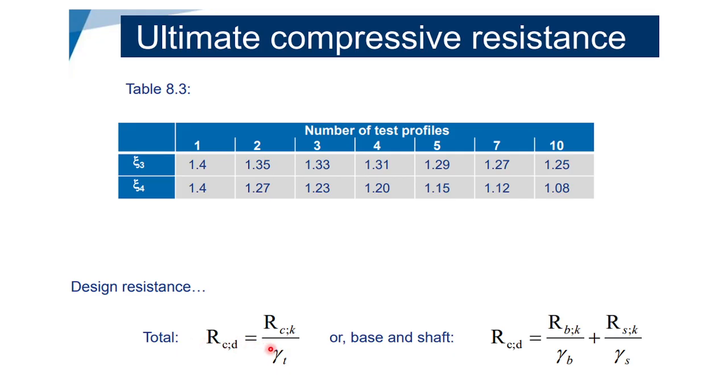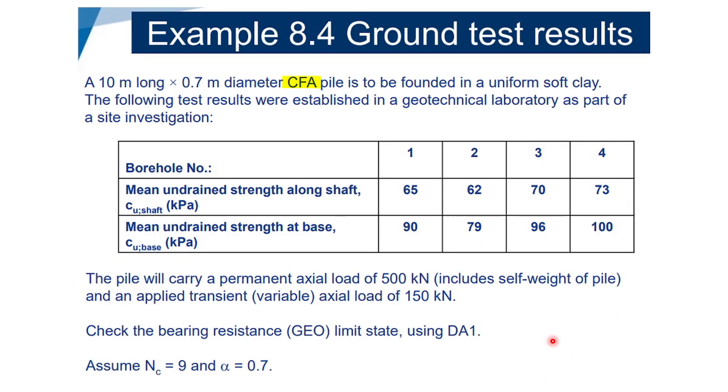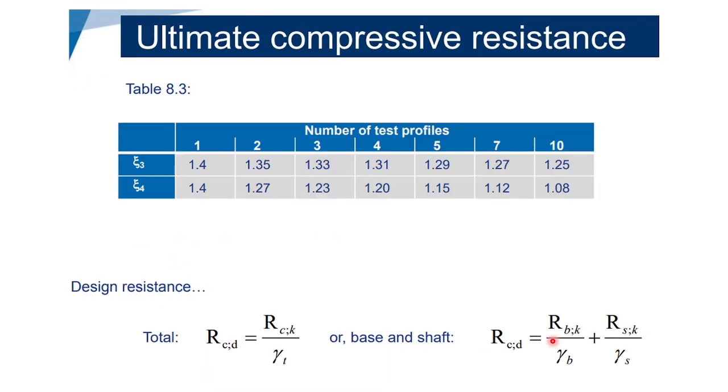So your resistance could be a value of the total resistance, which includes the base and the shaft, with this factor γt, and then specifically there could also be a factor for the base, and a factor for the shaft resistance. So the values are given also. Okay, I'll show them to you later.